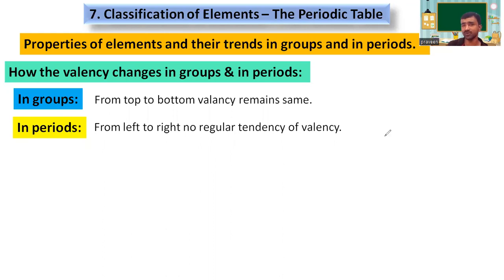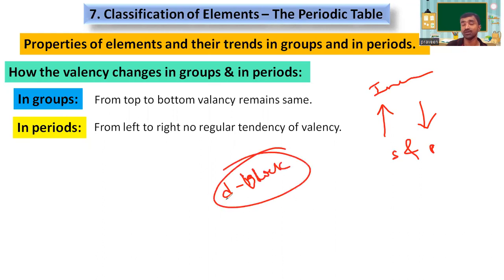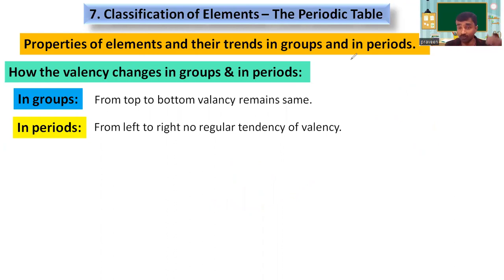Are you able to follow clearly? Sometimes increasing, sometimes decreasing, it can give you confusion. This is especially in the s and p blocks. If you go to the d block, there is no order like this, so you are unable to give a proper answer whether it completely decreases, completely increases, or increases up to a certain point and then decreases.